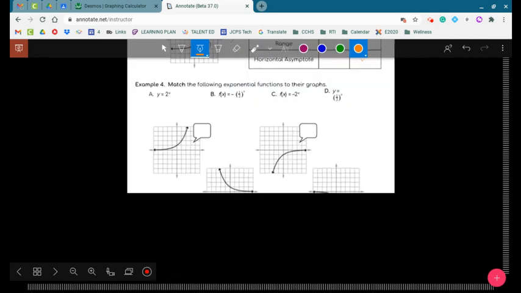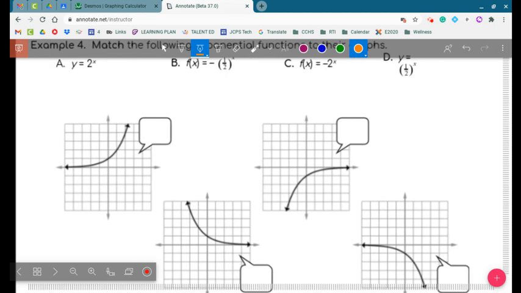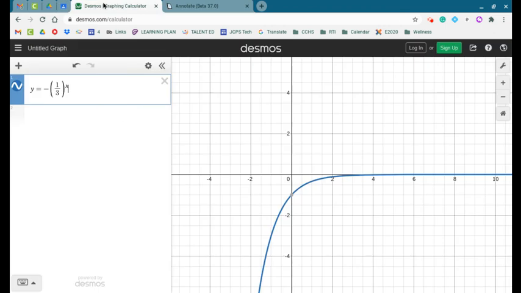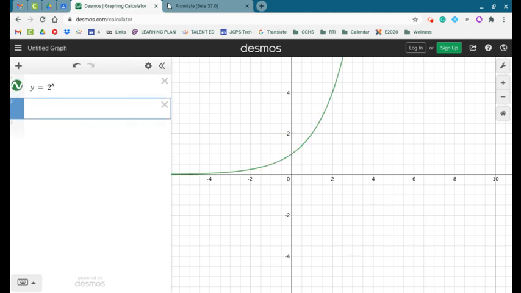Okay, going down to our matching graphs. Again, we just want to put these in Desmos. So, clear that one. Y equals 2 to the x. You guys can replace f of x with y too, don't forget.